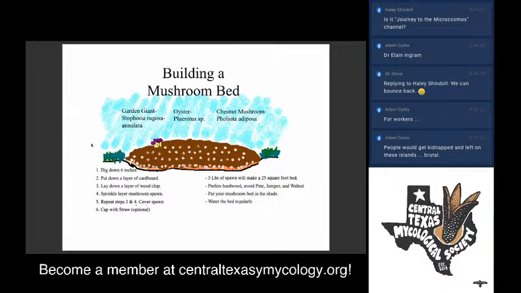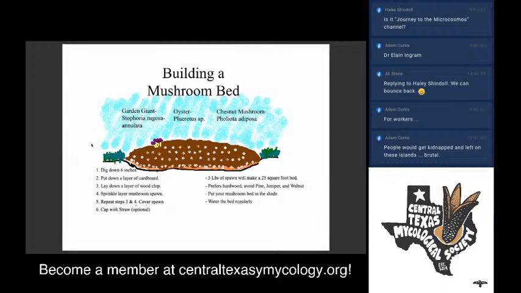It needs a trigger from a bacterial consortium, which is just a word for a bunch of different species of bacteria all together, to trigger the pins, which then turn into fruits. But any mushroom that is fruiting outside can be done this way.